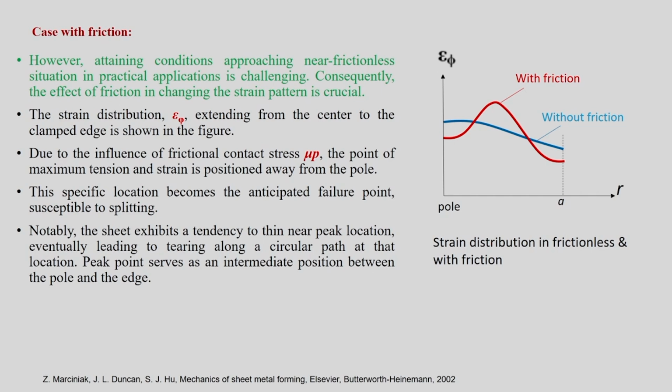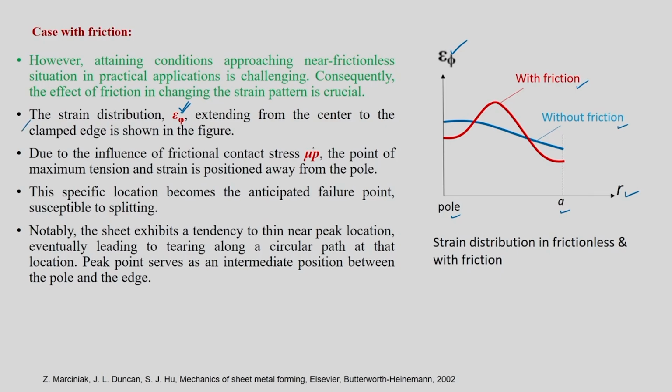The strain distribution epsilon phi is plotted with respect to R, from pole to A, let us say. In this, two cases are compared. One is without friction, blue color, the other one is with friction, red color. Okay. So, that is what I have shown in the second point.